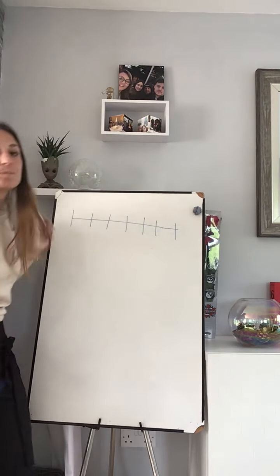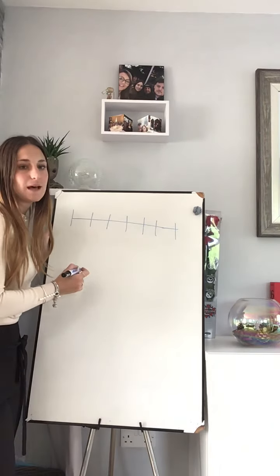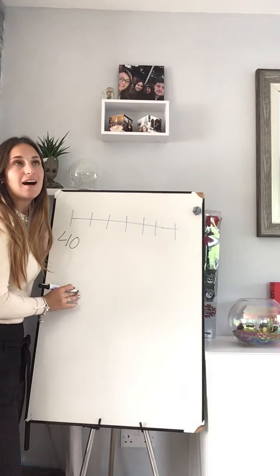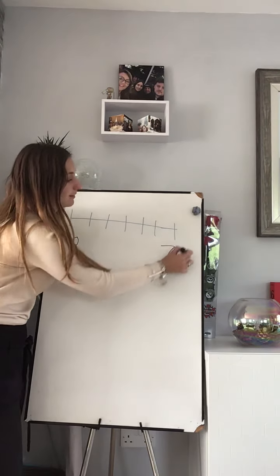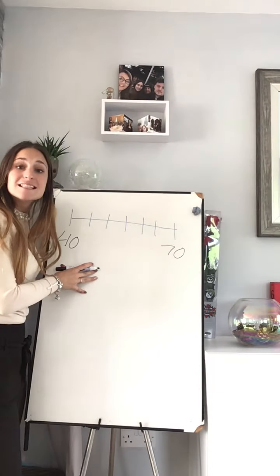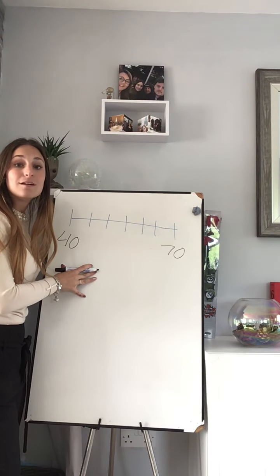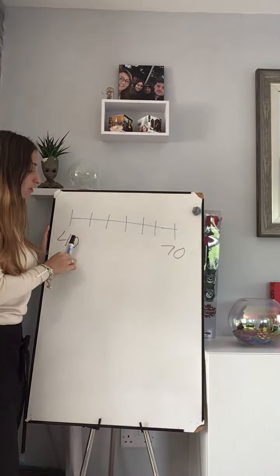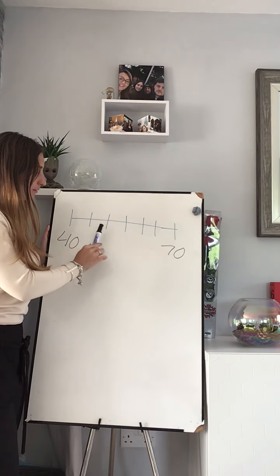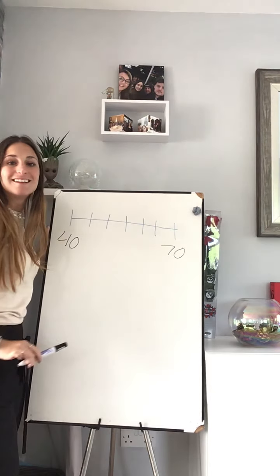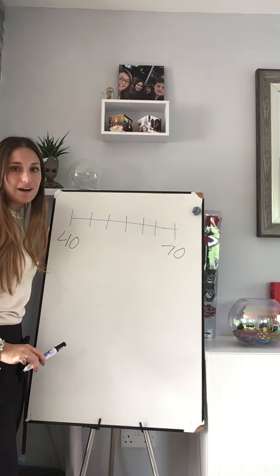Last one. I'm going to put the number and I'm going to land on this one. Okay, am I counting in tens or am I counting in fives? Right, have a go. In fives. Well done.